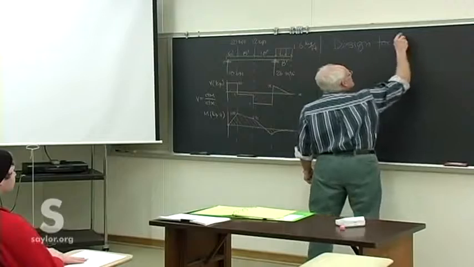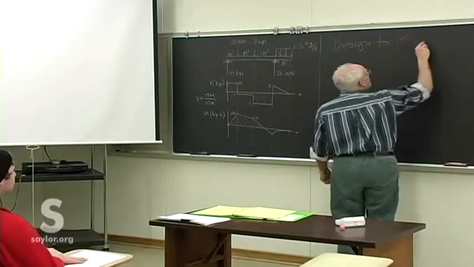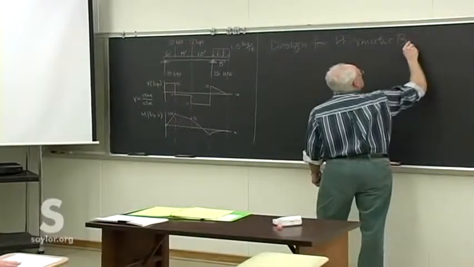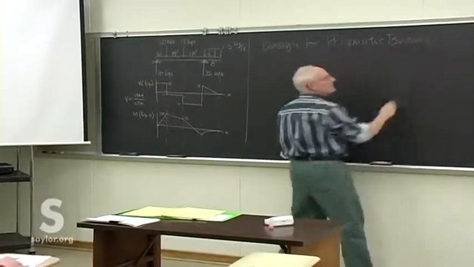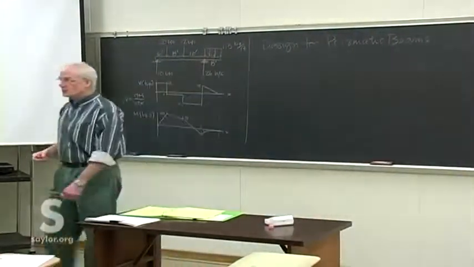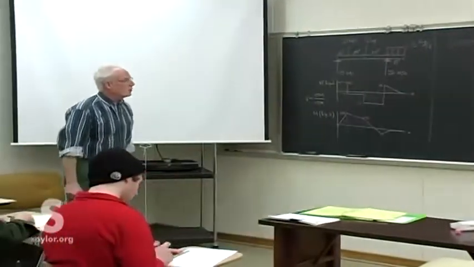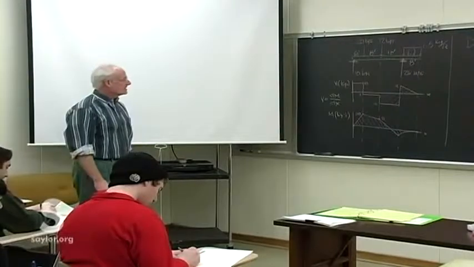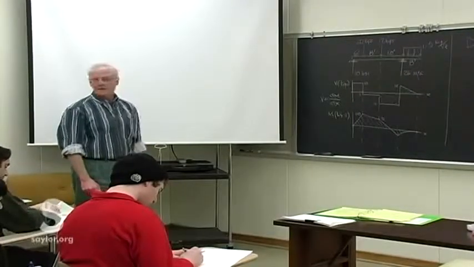So what we're going to do is design for prismatic beams. To start with, we're just going to determine what is it we need to know about the cross-section so that we can do this economically.